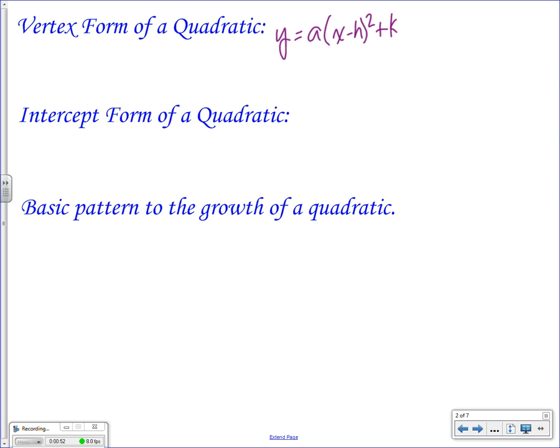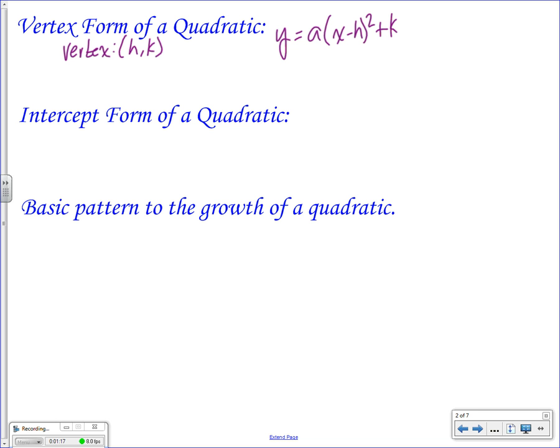So my vertex is (h, k). And just like when we graphed the V's, the absolute value, if it's inside the parentheses, the number changes signs. If it's outside, it stays the same.